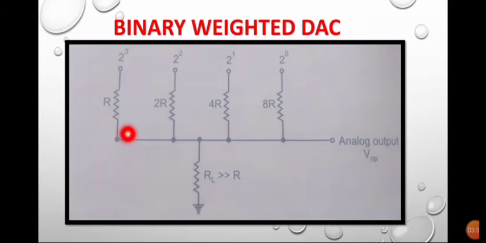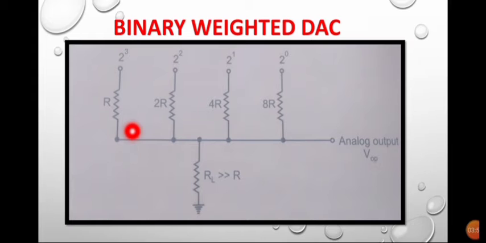This is the binary weighted system. In this network, the input is in digital form, and this resistor network converts the digital input into the analog form which is available over here. Hence it is called a digital to analog converter.